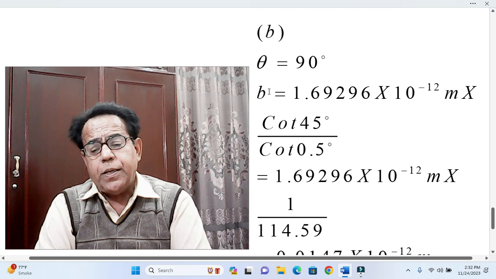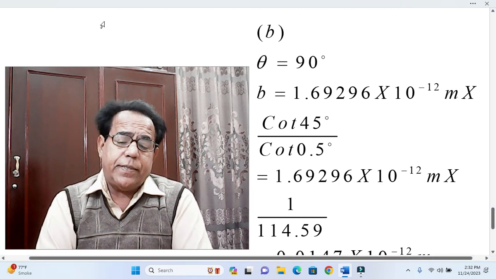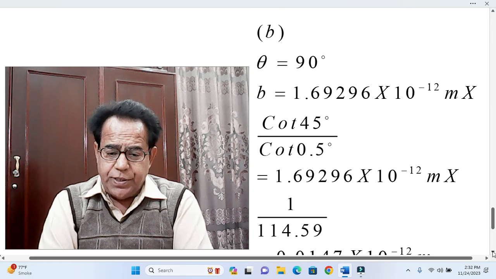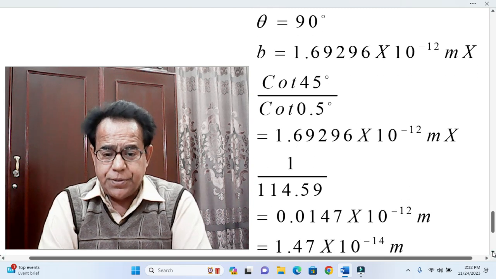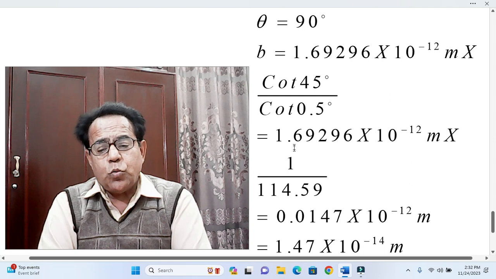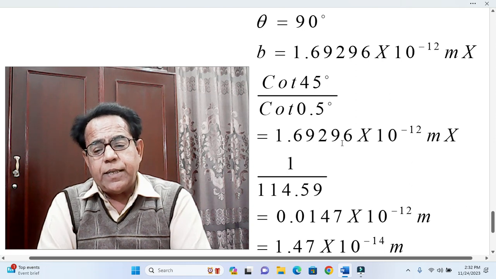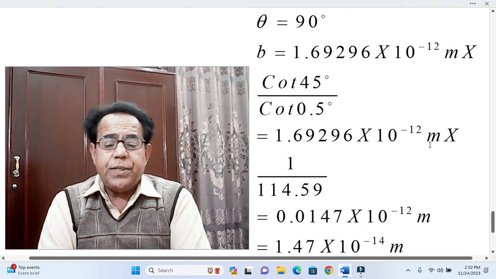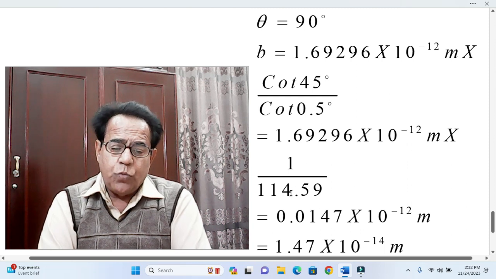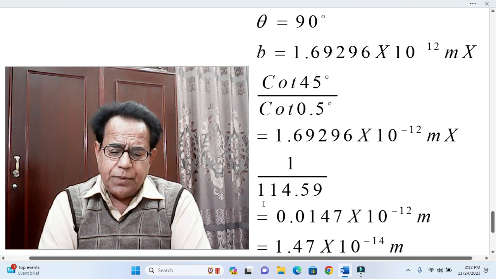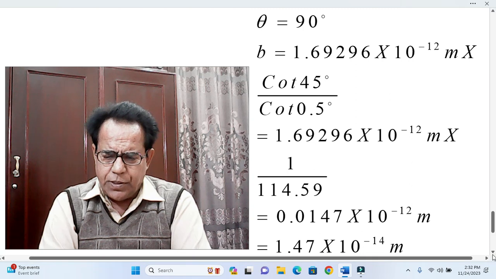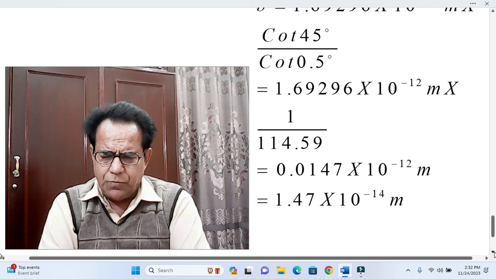So, dear students, simplification of this term becomes b equal to 1.69296 into 10 raised to the power minus 12 meter into 1 over 114.59, and this becomes equal to 0.0147 into 10 raised to the power minus 12 meter.